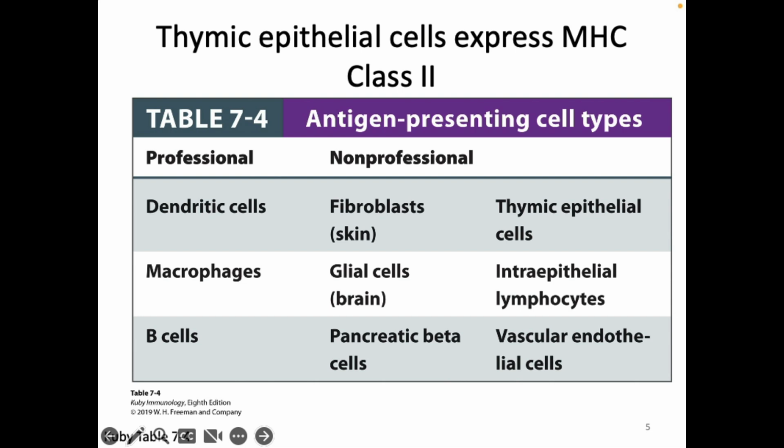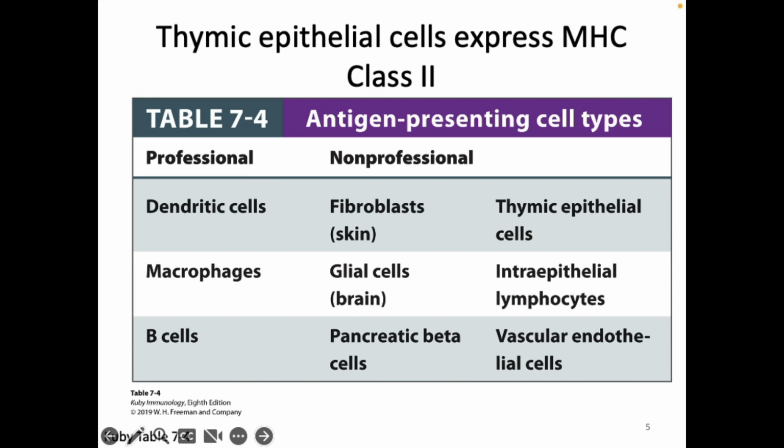So in the thymus, those developing T cells are able to see antigen presented on class 1 as well as antigen presented on class 2 in order to develop. And in fact, those cells are interacting with either class 1 and antigen or class 2 and antigen.